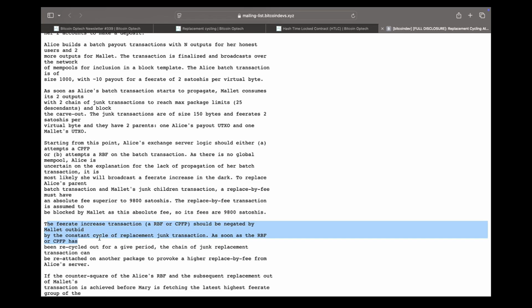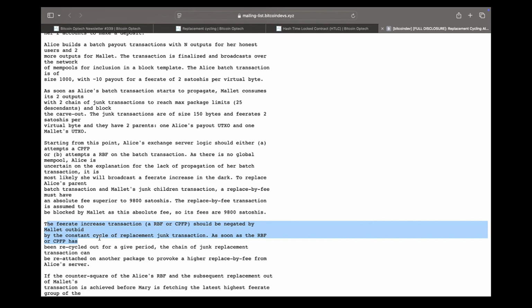Now, what will happen is that Mary's node does not refresh its block template frequently, it refreshes its block template only once in a minute. What can happen is that Mary might not see Alice's batch payment with a fee bump, and Alice might be under the assumption that Alice has not rebroadcasted her batch payment.